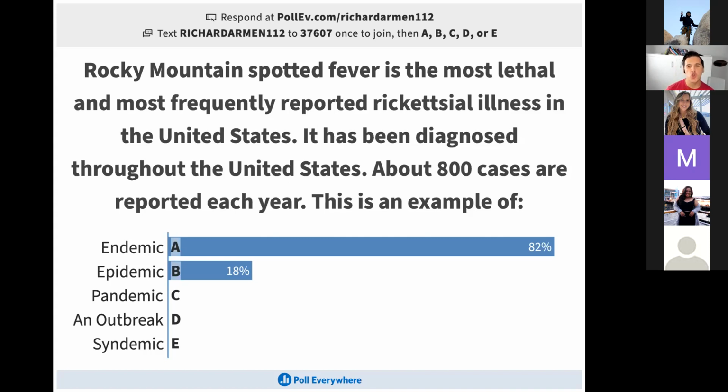If it had said, normally we see about 800 cases, and last year there were 1,500 cases, or last year in San Diego County, there were 500 cases alone, then that would indicate potentially that there was an epidemic of Rocky Mountain spotted fever. So you're looking for those pieces of information that tell you what we would expect to see and whether or not we're seeing something different.